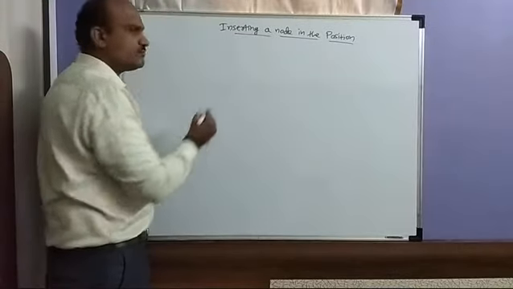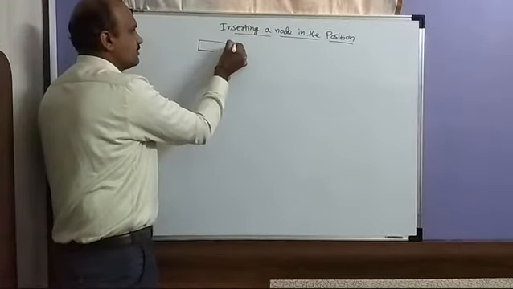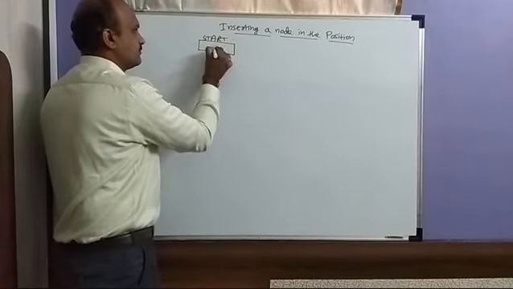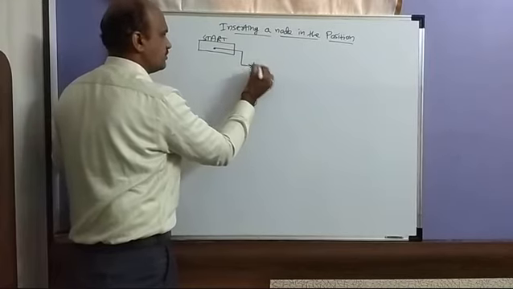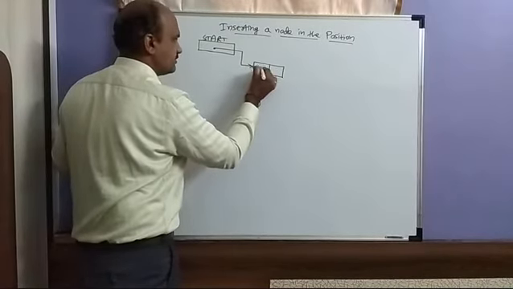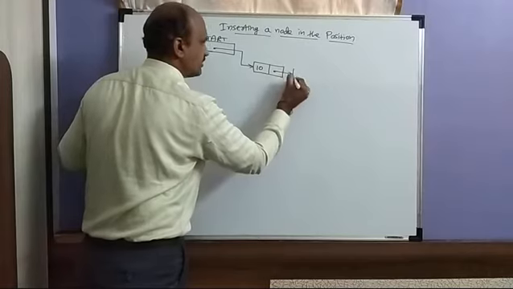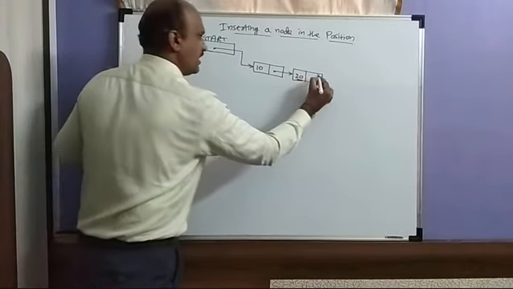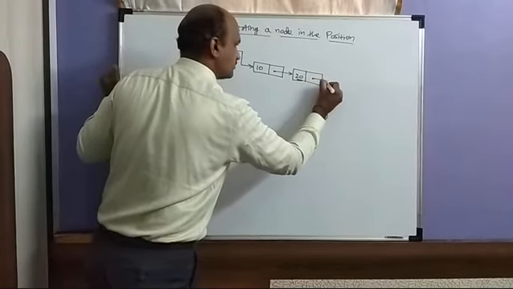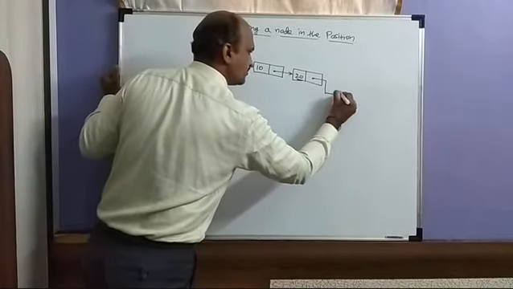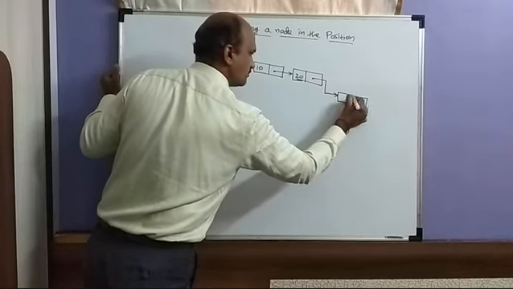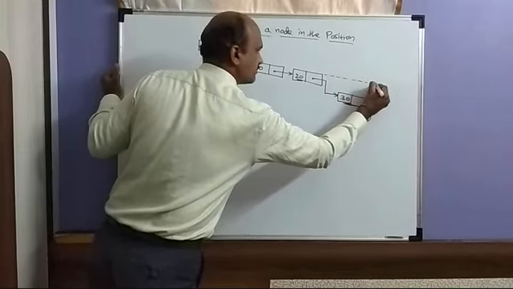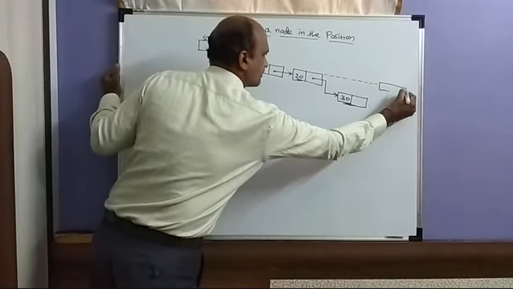It is like this, from the start. This is a node which is already created, and this is a node which is already created. Now I want to insert the new node here. This is the given position. Nodes are already available here.